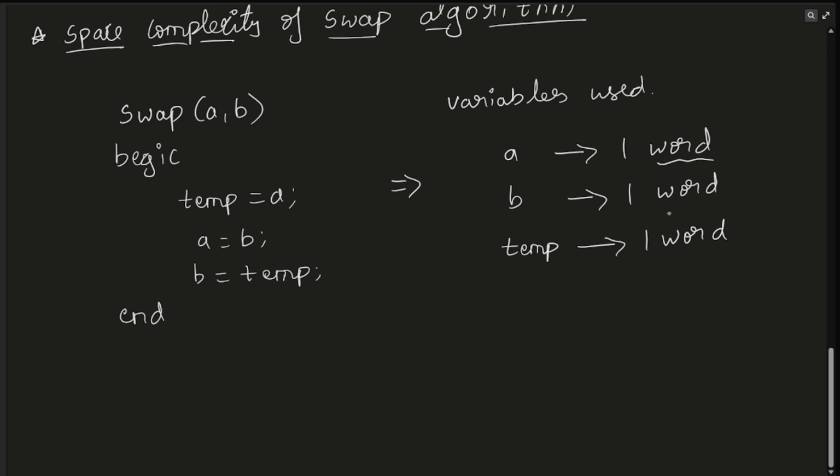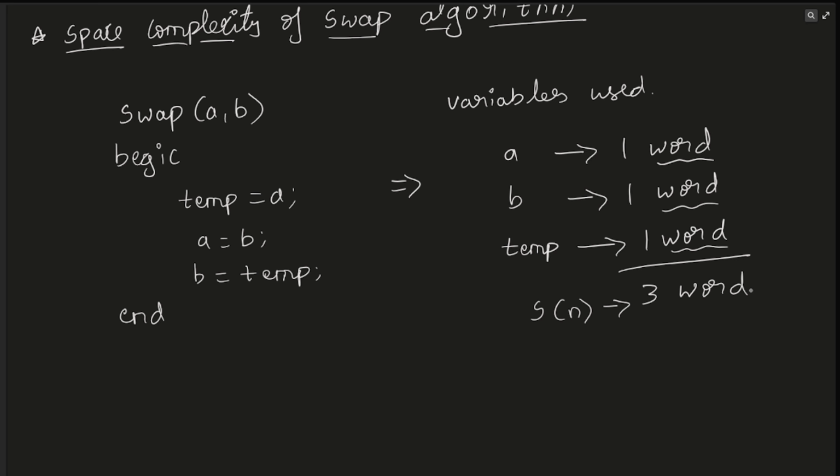Why are we using the keyword word here? Because while writing an algorithm, we never know its data type, right? So we are just generalizing these to word. After adding all these, we'll end up using 3 words of space. We'll represent the space complexity as S of n.